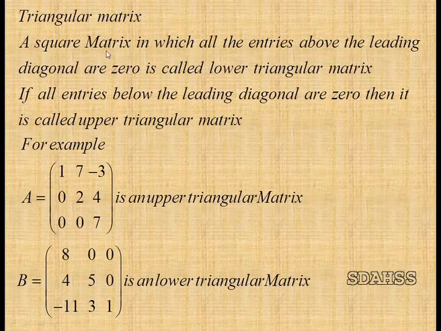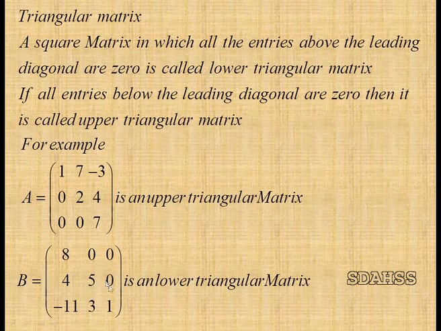Triangular matrix: a square matrix in which all the entries above the leading diagonal are 0 is called a lower triangular matrix. If all entries below the leading diagonal are 0, then it is called an upper triangular matrix. In this example, all the entries above the leading diagonal are 0, so it is a lower triangular matrix.